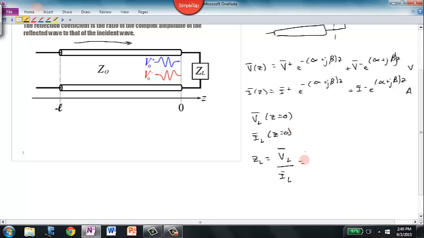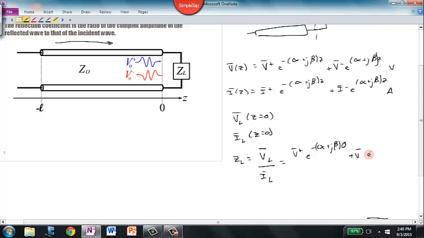So we've got V bar plus e to the minus alpha plus j beta times 0, plus V bar minus e to the alpha plus j beta times 0, over I bar plus e to the minus alpha plus j beta times 0, plus I bar minus e to the alpha plus j beta times 0.